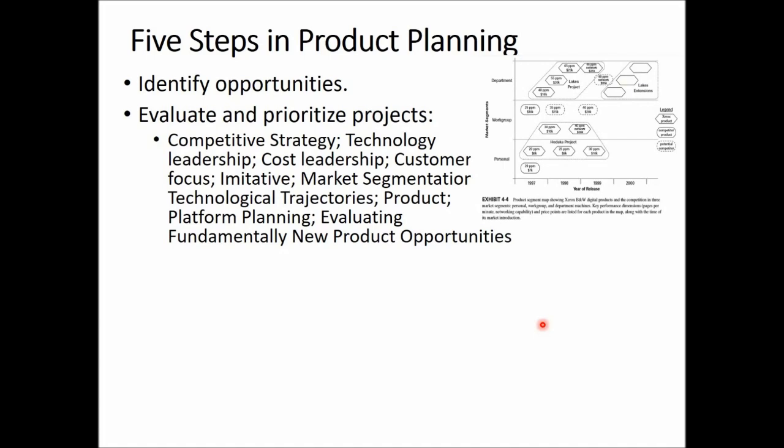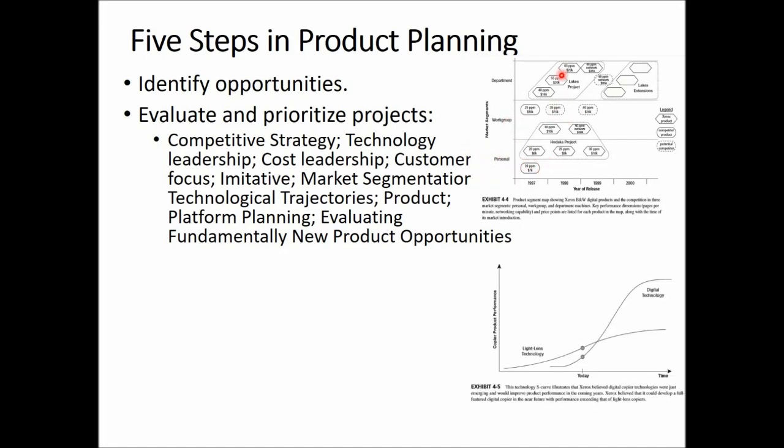So for the customer, what kind of market segments are you looking for? You're looking at personal markets, or corporate markets, or something like that. And when it comes to technology trajectories, for example, you've been using one technology in making the product, but some new technology can be introduced, and there will be a time the new technology takes the leadership.